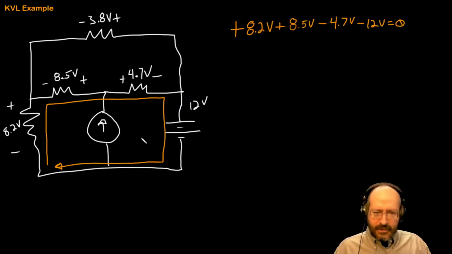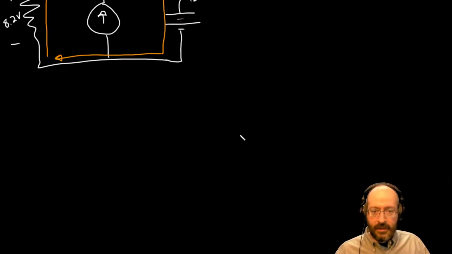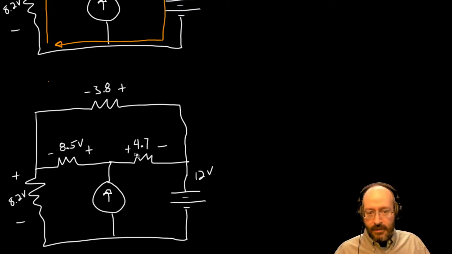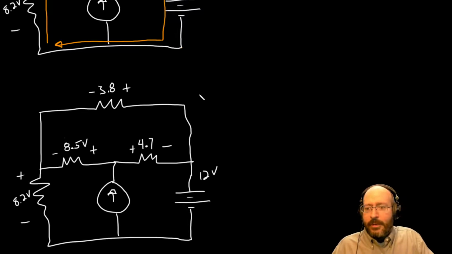Now, this is a law. You have to follow it, right? So any loop that we choose to follow in this circuit has to obey this law. So let's get another copy of our circuit down here, and let's pick a different loop.